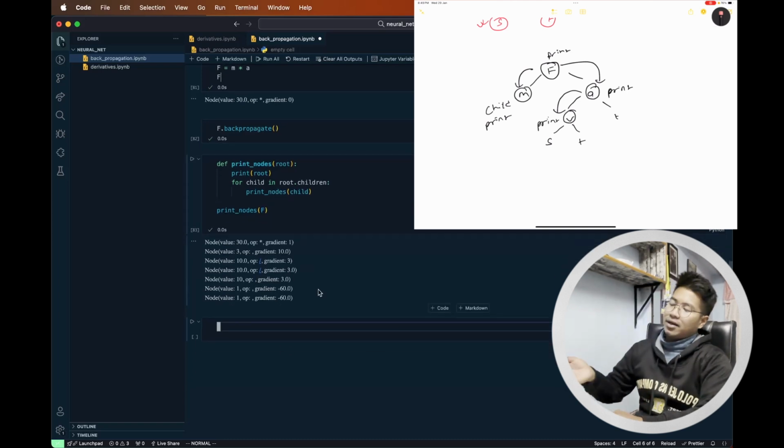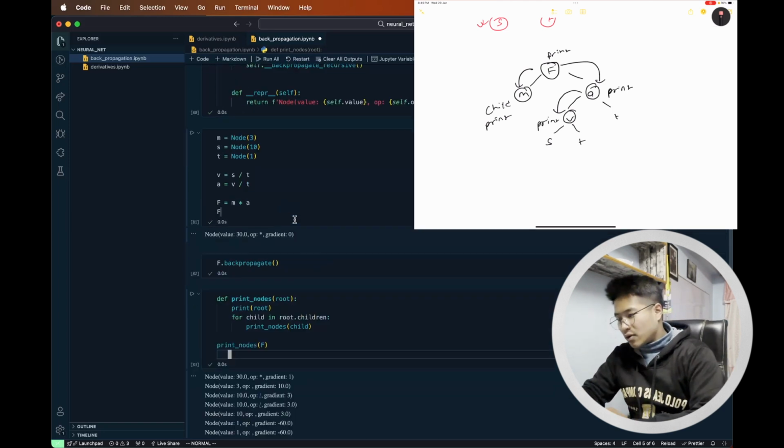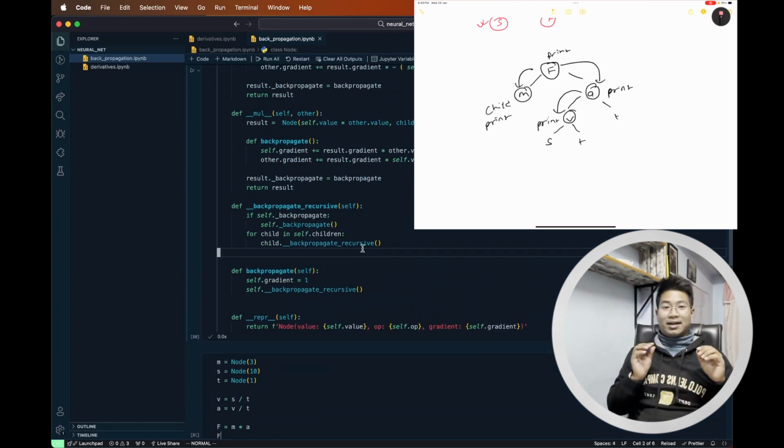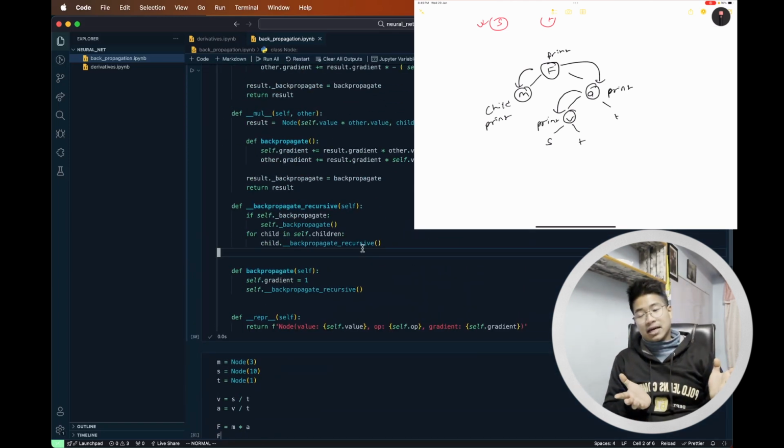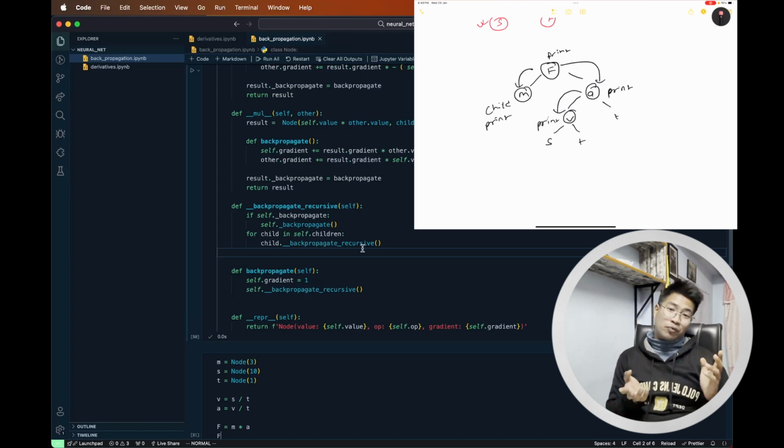So great. This is basically how we implement the backpropagation algorithm, and we did this specifically in Python. Now this thing that we did for backpropagation is going to be our building block when we build our neural network.